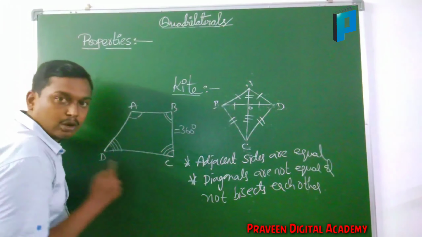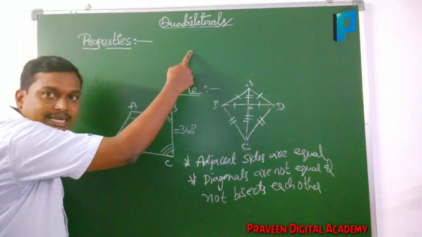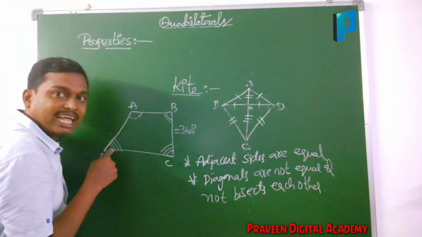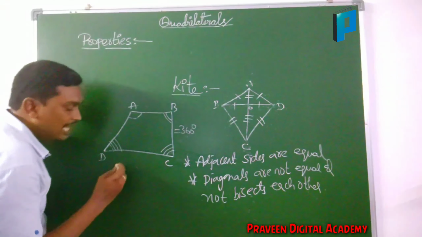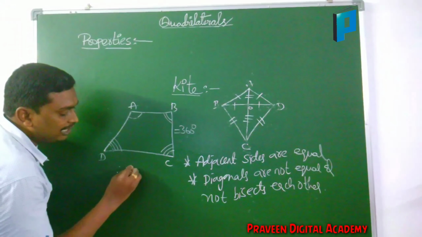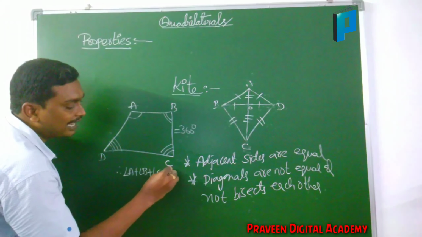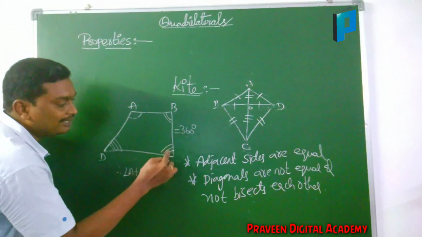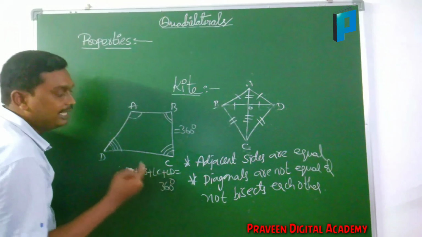A closed figure with four sides is called a quadrilateral. What is the sum of all angles of a quadrilateral? It is 360 degrees. And I can write angle A plus angle B plus angle C plus angle D is equal to 360 degrees.